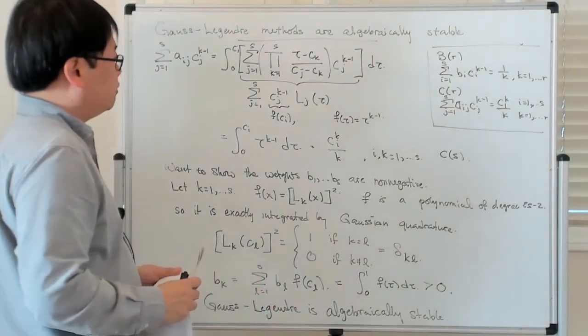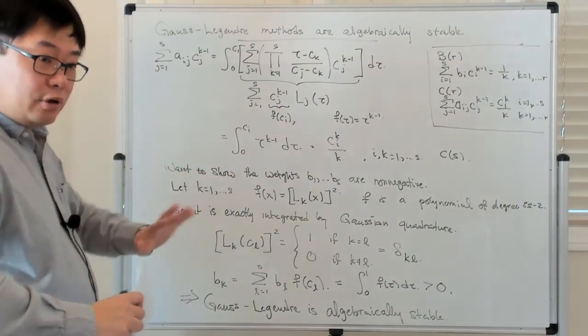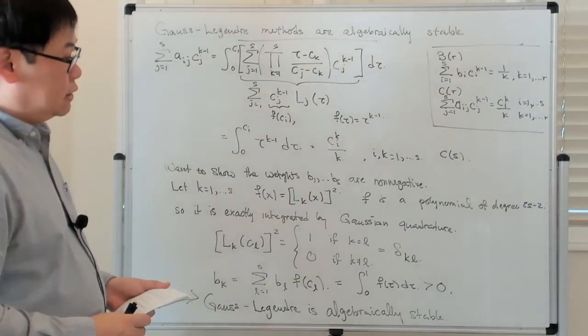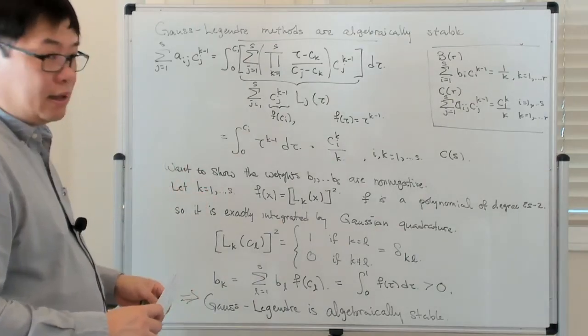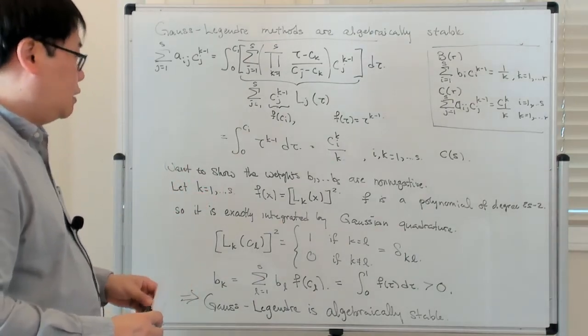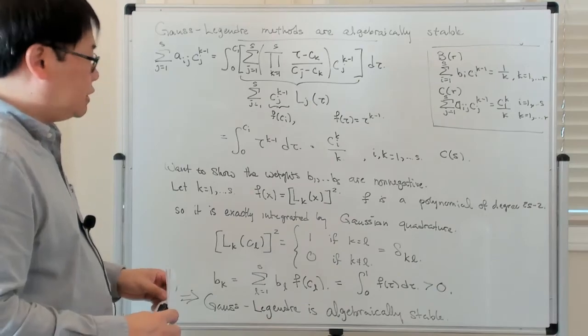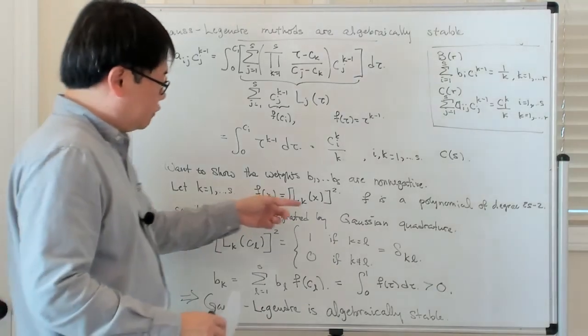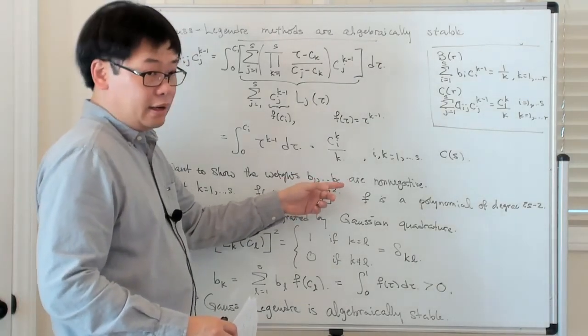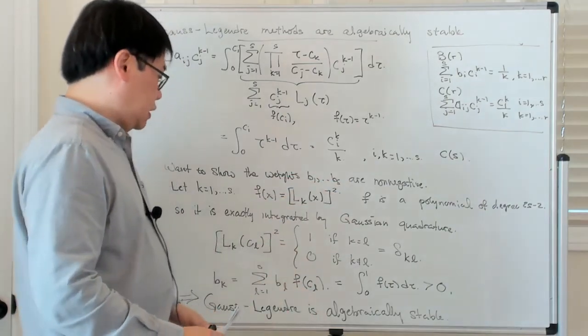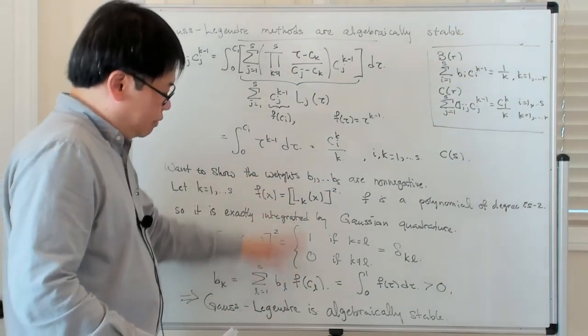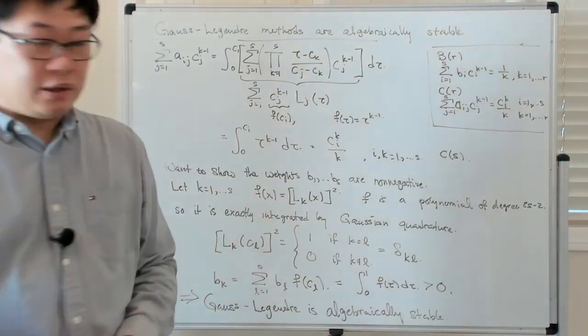But it is true that the associated M matrix is 0, and as a consequence it is positive semi-definite. But we need the positive semi-definiteness of the M matrix together with the condition that the quadrature weights are non-negative to conclude that it's algebraically stable. So there was a little bit more work to be done here. Okay, so let's just stop for now.